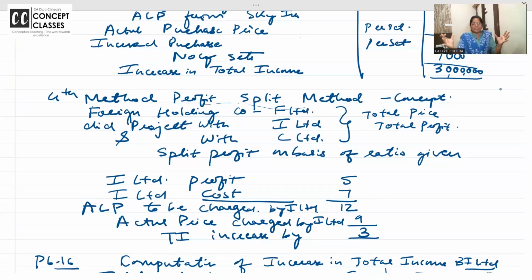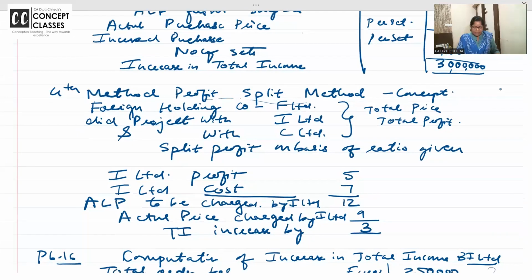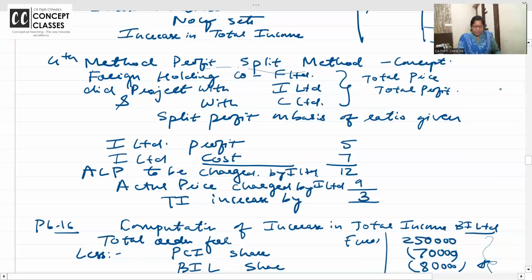And total profit of all the associate enterprise, you can split on some basis, some point basis, how many hours they have worked, services, all that will be given to you. So we know the cost of services to the associate enterprise, total profit of all the associate, in that how much is the profit of this, add it and you will get the price. See. So profit split method.